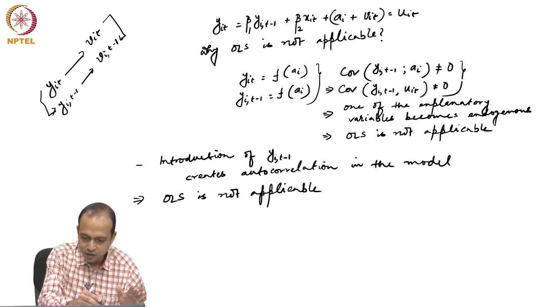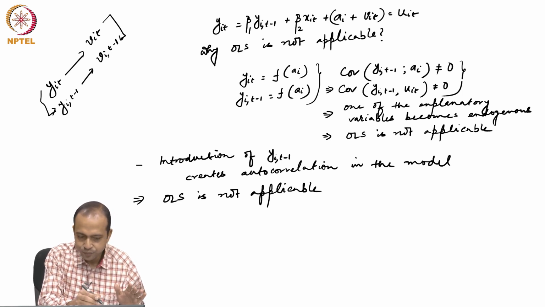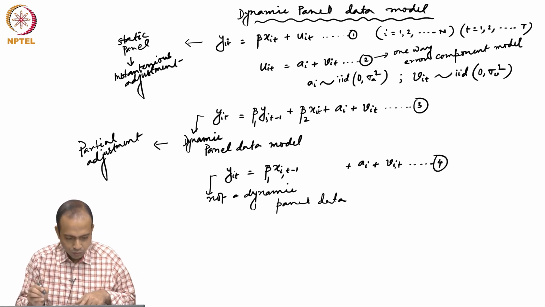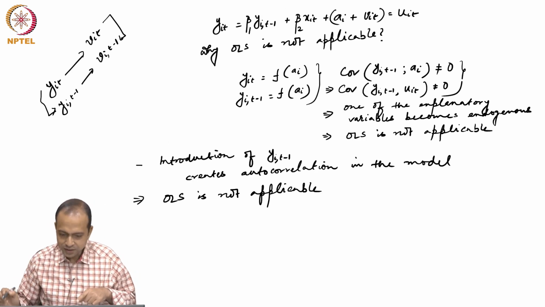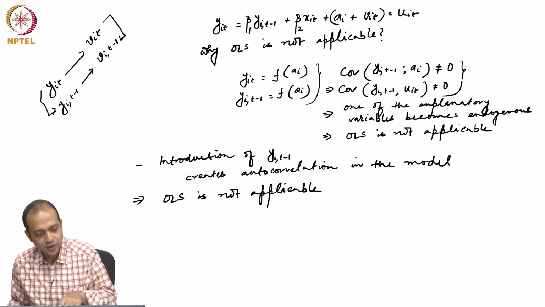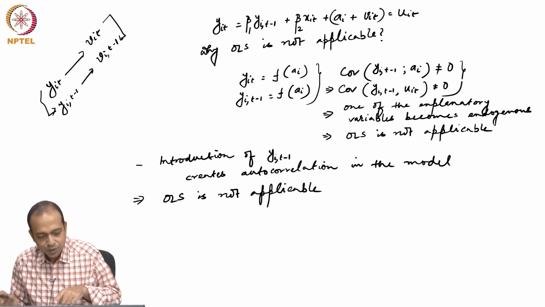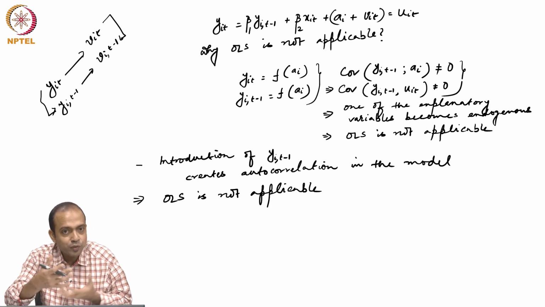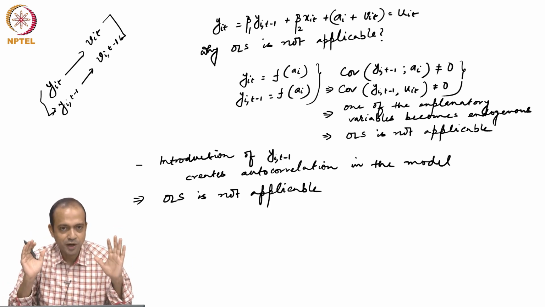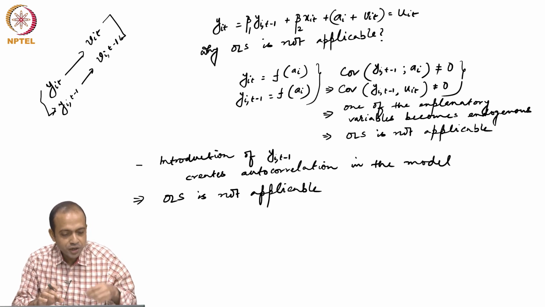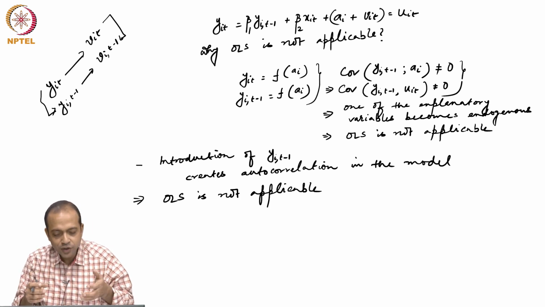Previously, if you see what we have discussed, since YIT is a function of AI, YIT minus 1 will also become a function of AI, right. So, these are two types of persistence over a period of time in a dynamic panel data model. First one is the autocorrelation created by the lagged dependent variable.